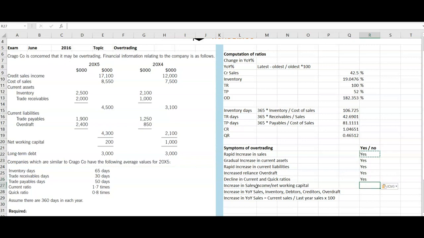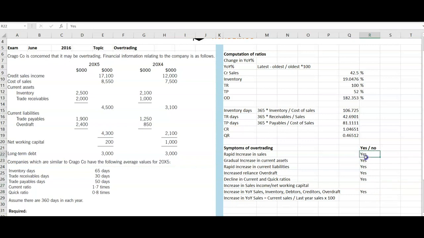That is also an indicator. Also, there will be an increase in year-on-year sales, inventory, debtors, creditors, and overdraft. All these numbers are increasing. Again, we can say yes, and that's what they want.